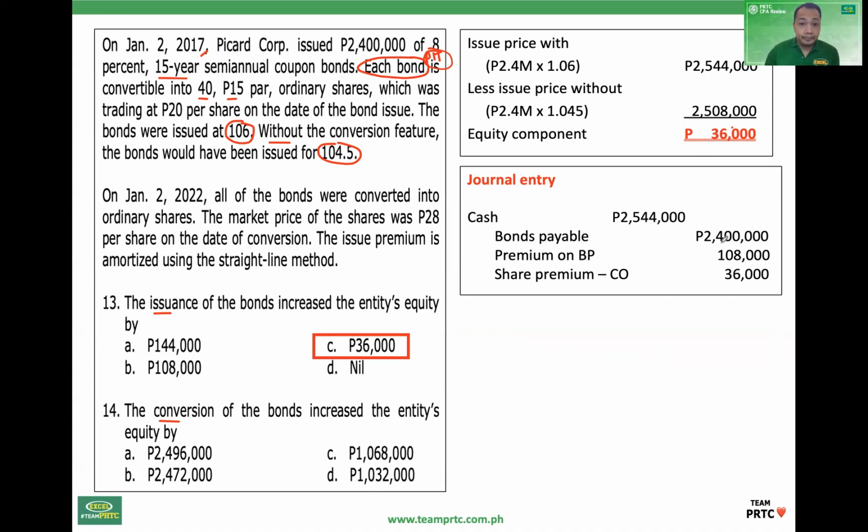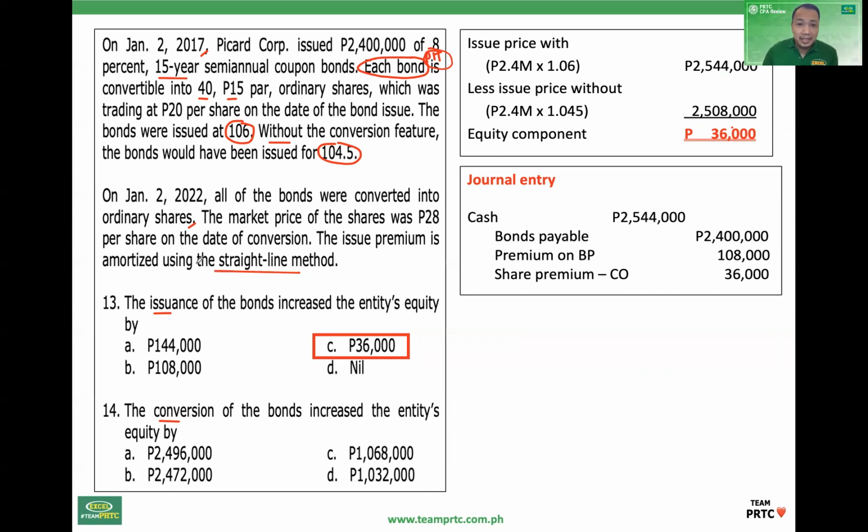Okay, then they converted, second paragraph, after 5 years. So issued 2017. After 5 years, on January 2, 2022, all of the bonds were converted into ordinary shares. So we need the carrying amount on that date. For convenience, so we don't have to interpolate, it says to use straight line.